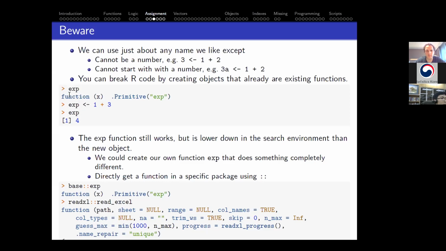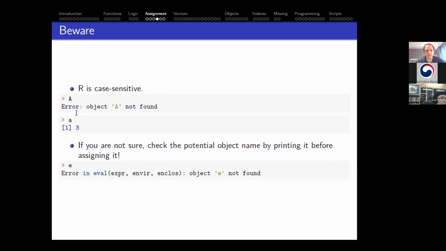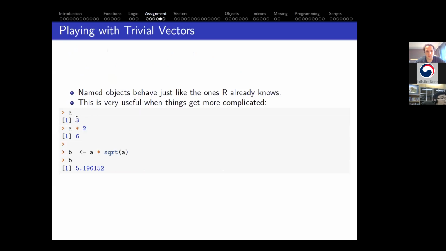It can become complicated if we choose names that are already existing objects in R. And just noting here that objects are case sensitive, so we need to be careful with the cases.